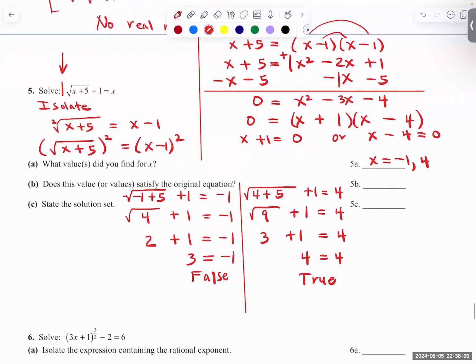So 4 is the solution inside of the curly braces, and we state that -1 is an extraneous solution, a solution that doesn't check, an extraneous solution.